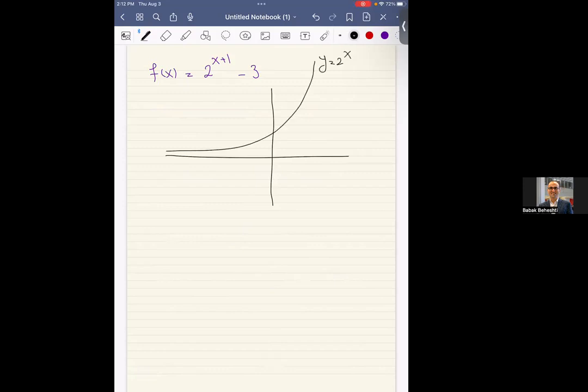Now, to draw 2 to the power x plus 1, I have to do a horizontal translation to the right or left? To the left, because it's x plus 1.